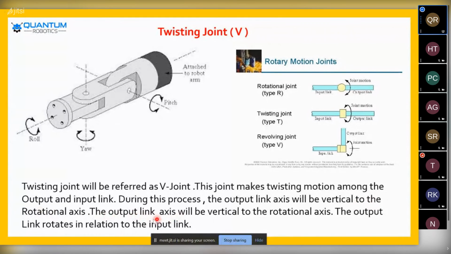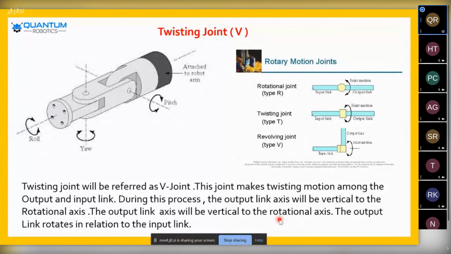The output link rotates in relation to the input link. It is connected between the output link as well as the input link, and there will be one base and the angular pitch for making the rotatable axis and the rotatable directions.